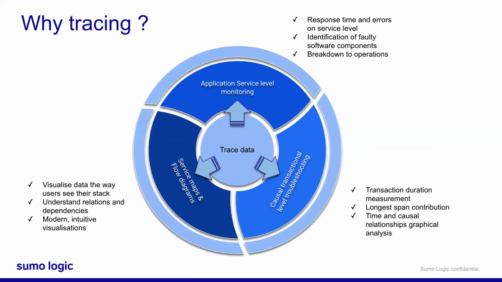It helps to understand time and causal relationship through visualization, and it also helps you to understand longest span contribution. Service maps and flow diagrams help you to visualize data the way the users see the stack. They help you to understand the various different relationships and interdependencies, and give you an intuitive visualization of your entire application stack.